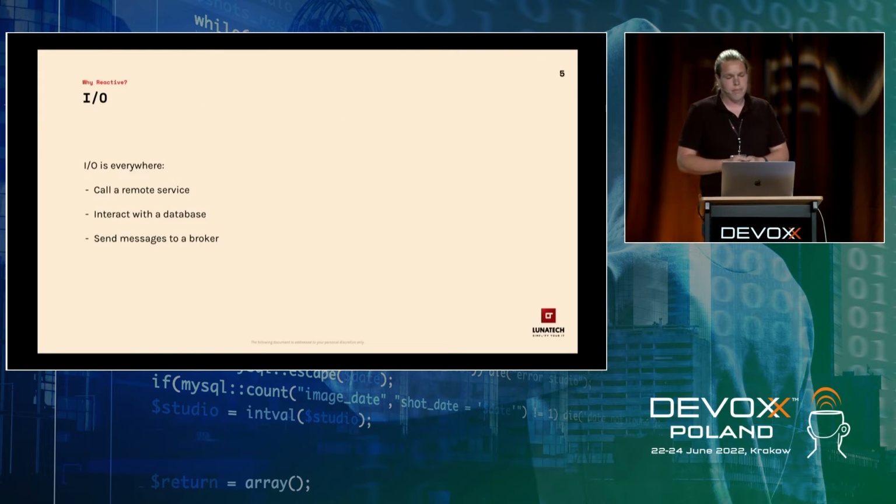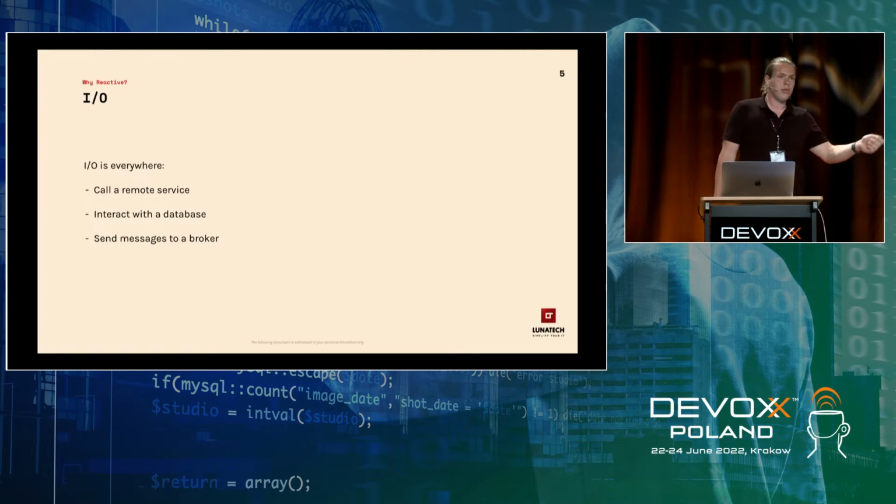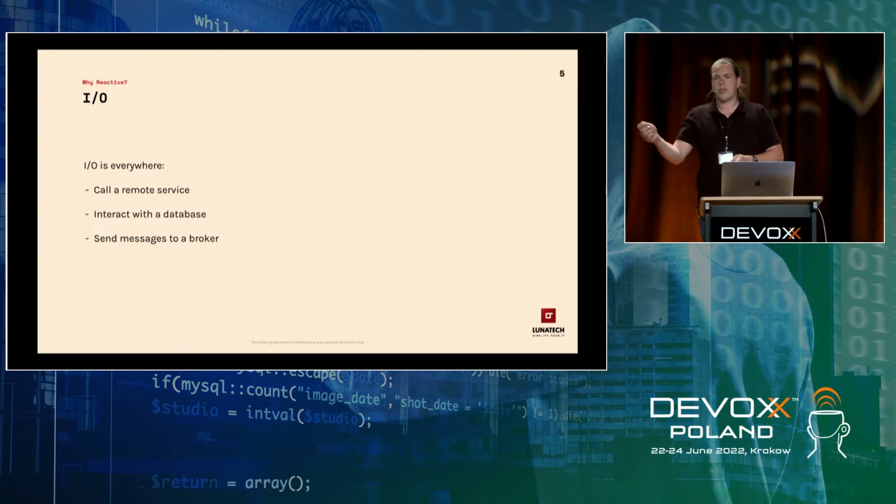At the core of most of your applications, you use I/O, and I/O is everywhere. You go to some database, you wait for the database to give you some response, you go to some external service or some other microservice that you call, and you're all spending time waiting for that service to respond.